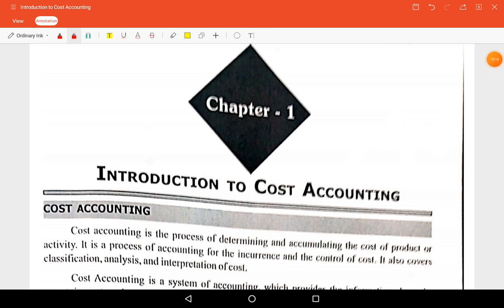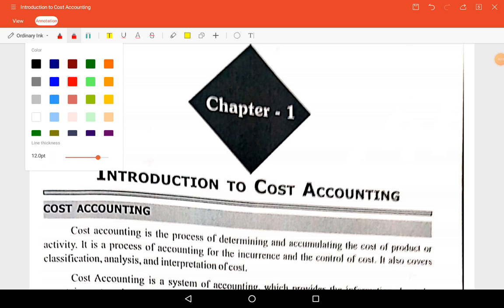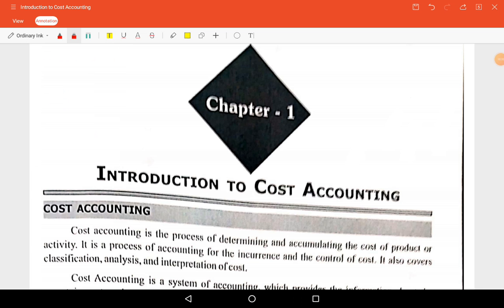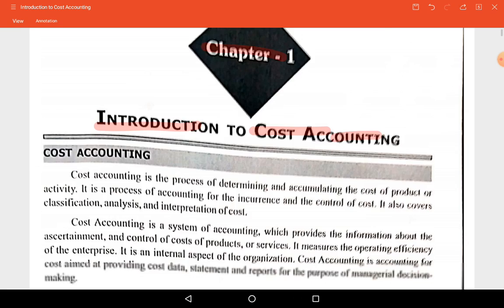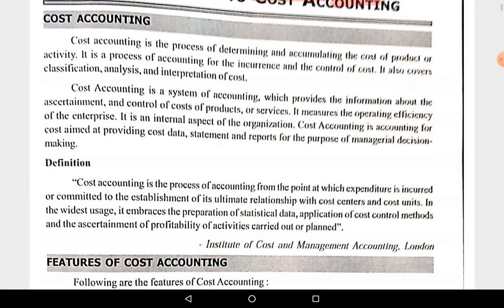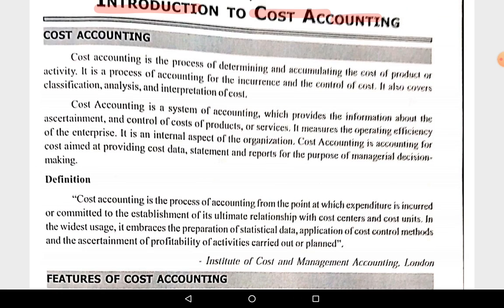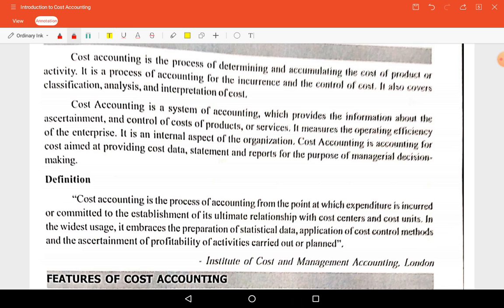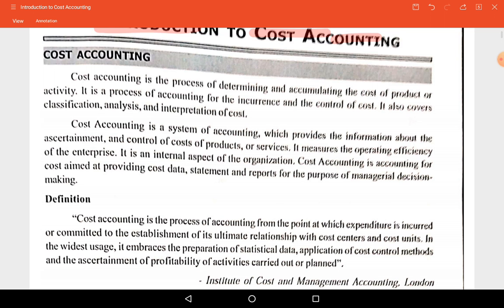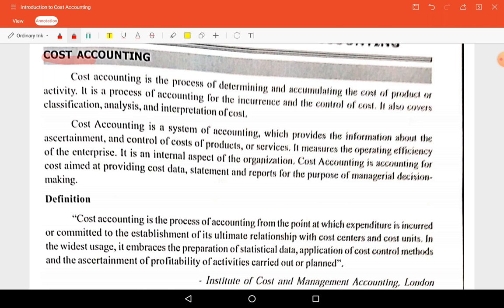So let us start our understanding of chapter 1, introduction to cost accounting. In this chapter, we have already discussed what is cost accounting.